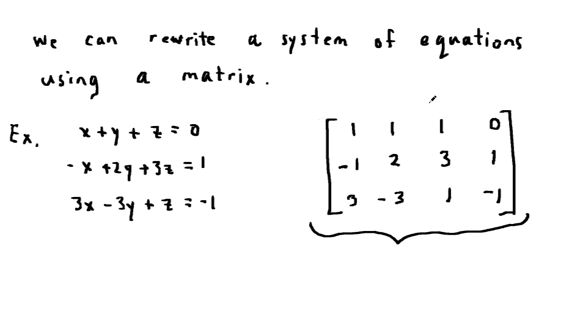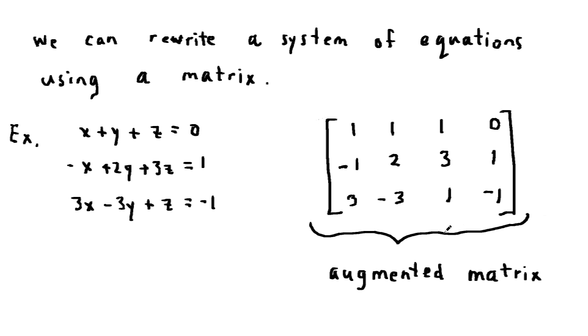So this matrix that we just formed, that's called the augmented matrix. Now we can solve the system using the same three operations that we used earlier. Instead of performing operations on equations, we can perform operations on rows.